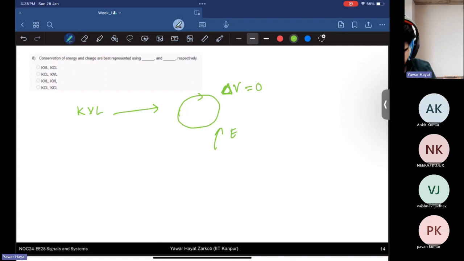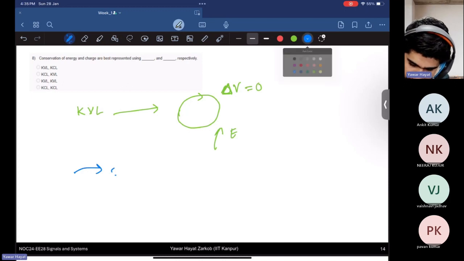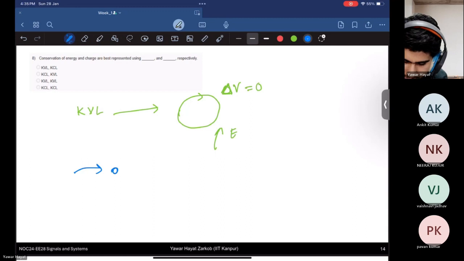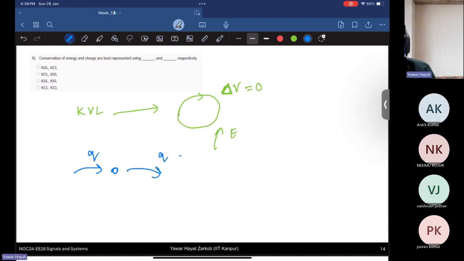See, conservation of charge states that if any charge enters a node, suppose we have this node, right? The same amount of charge should exit that as well.